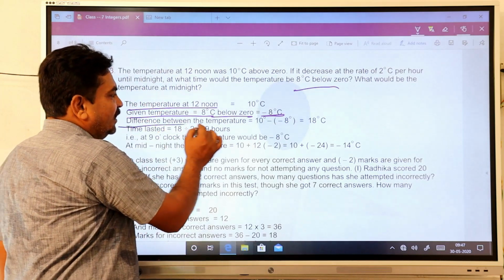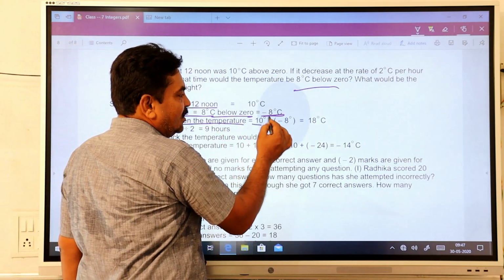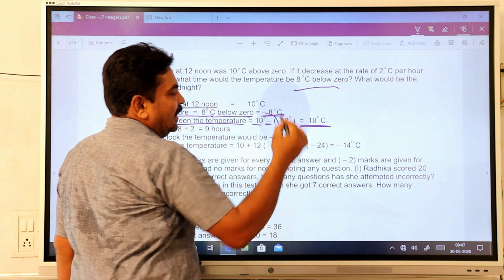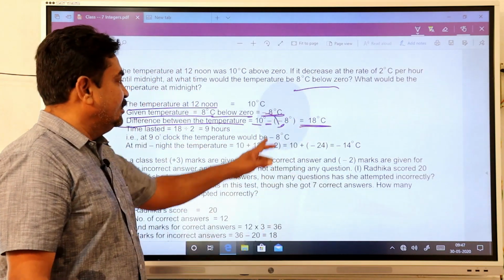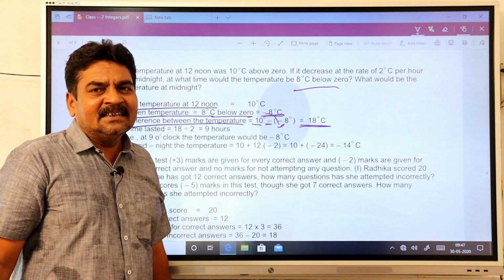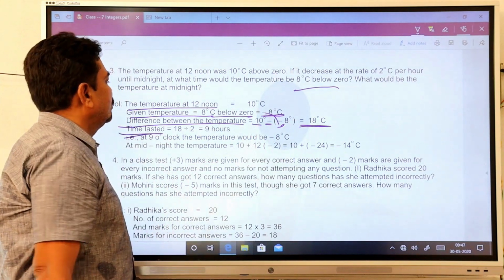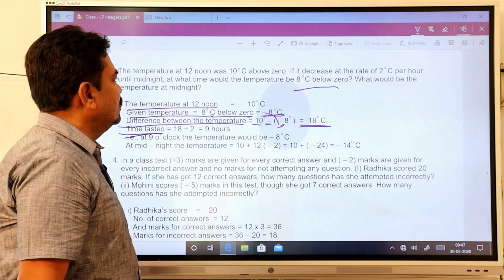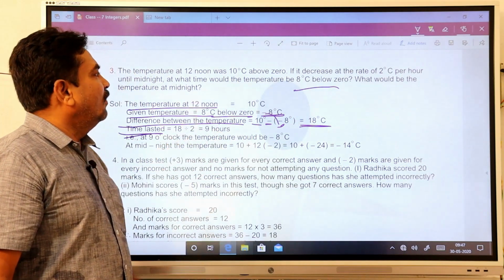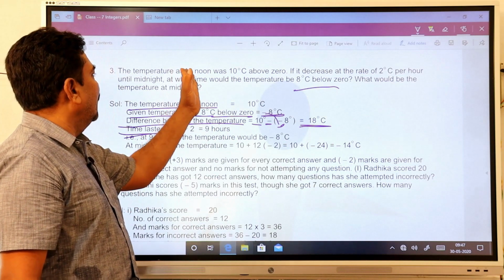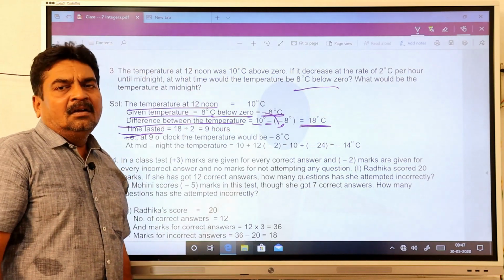So the difference between the temperatures is 10 minus minus 8, which becomes 18. Minus into minus is plus. 10 plus 8 is 18 degrees. Time lasted: 18 divided by 2 is equal to 9 hours, from 12 to midnight.